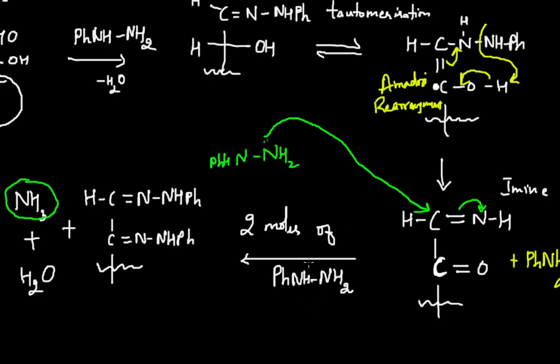The second one is quite simple. Your NH2 NHPh, here with the elimination of water, this bond is formed. So that is the mechanism that is there. And this is called your osazone.